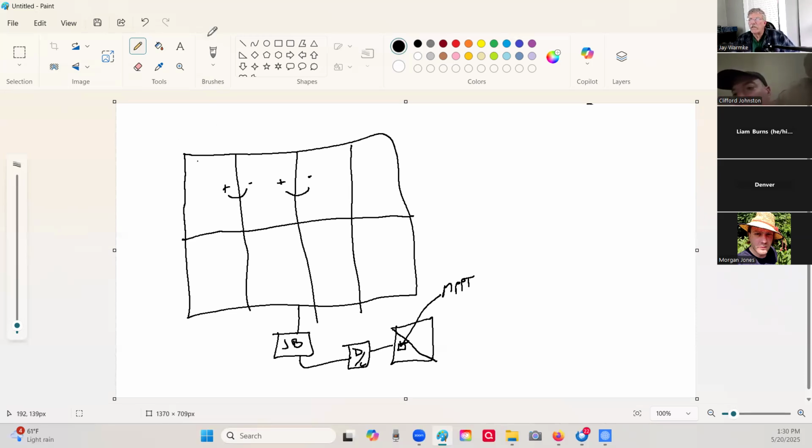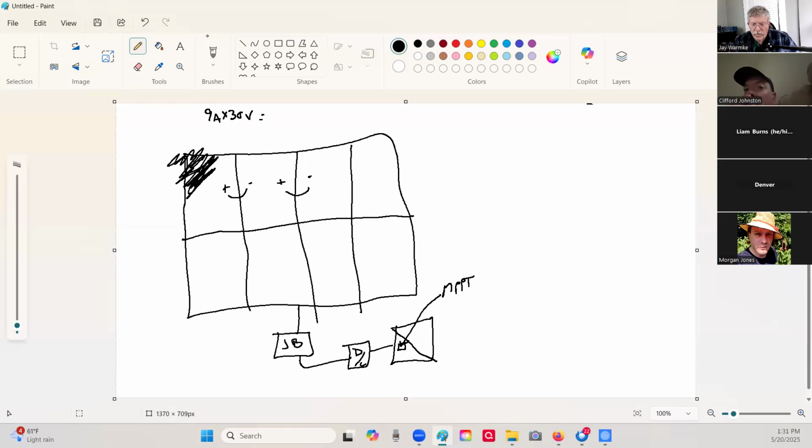So what happens if I've got shading? Let's say there's a tree over here, and now this panel is shaded right here at the corner. And remember, shading affects amps. So let's say that under standard test conditions, it's generating 9 amps and 30 volts. Well, watts equals amps times volts.